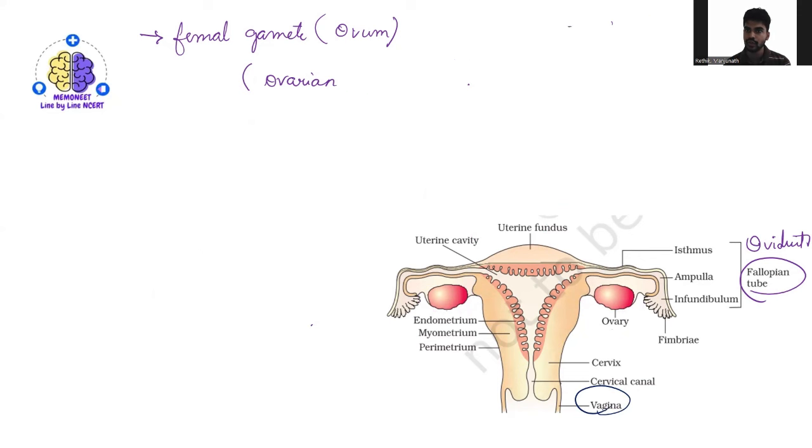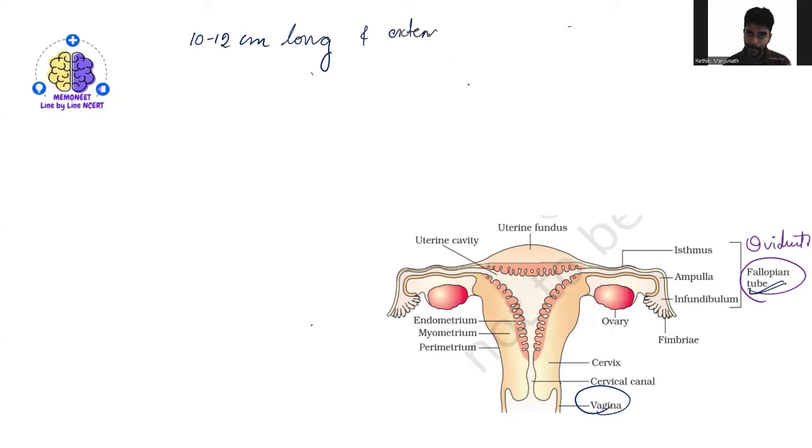Each fallopian tube, that is the oviduct, is about 10 to 12 centimeter long and extends from the periphery of each ovary till the uterus.